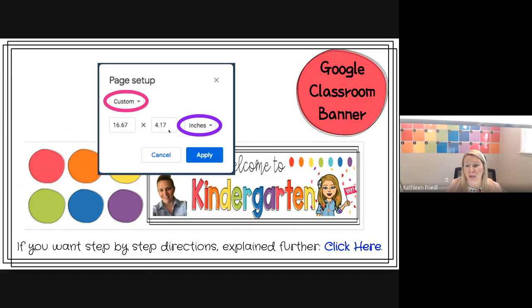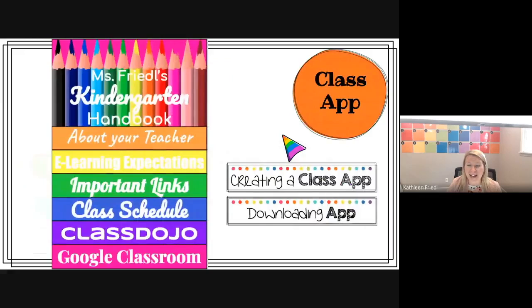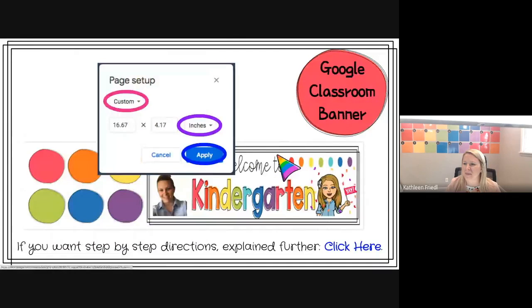You can make your banner say whatever you want. Mine obviously says welcome to kindergarten. I used my real picture and I used my Bitmoji picture just so my students can get to know both of those things. Then you're going to hit apply. That's like a theme with me.